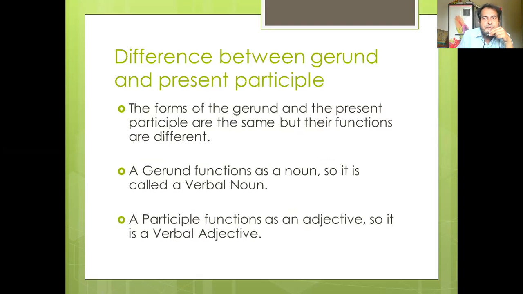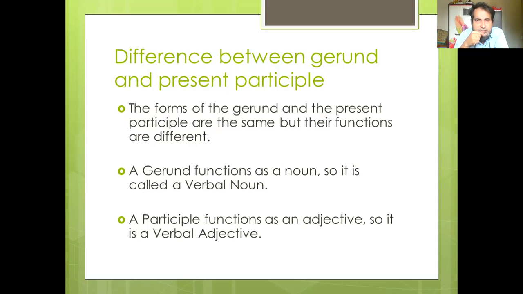Now we move to the difference between gerund and present participle. Look, gerund and present participle both have a similar pattern and both look similar, but they function differently in a sentence. A gerund functions as a noun, so it is called a verbal noun.